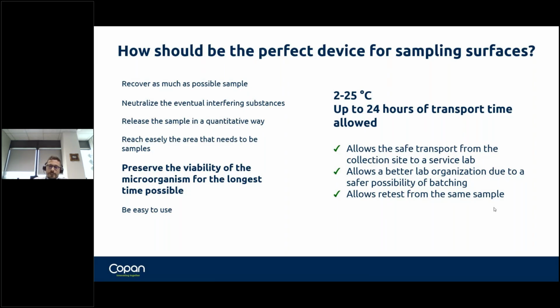And this basically allows safe transport from the collection site to a service lab, if this is the case, or allows a better lab organization because you can do a safe batching procedure: you can batch all the samples at once and then work all the samples in a more straightforward way. It also allows the retest of the same sample, because if for any reason something goes wrong on the first trial, you can retest from the same sample.